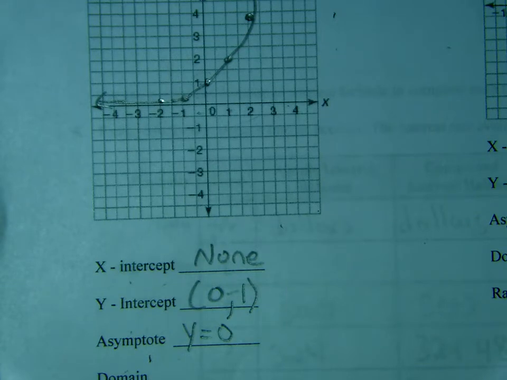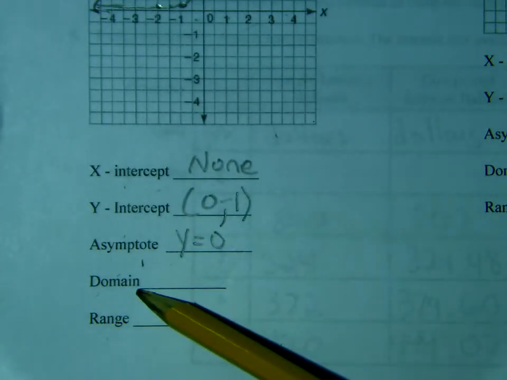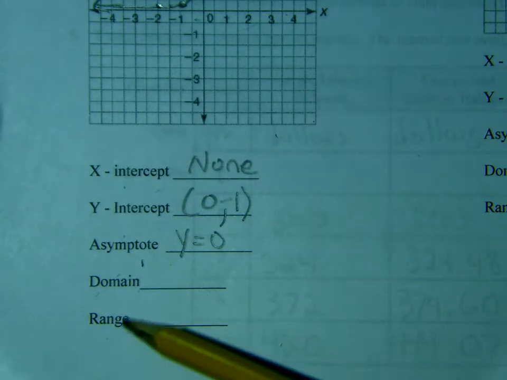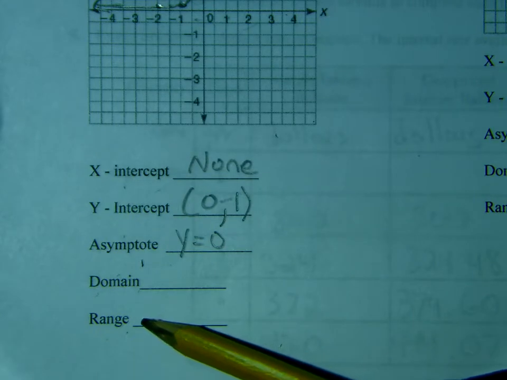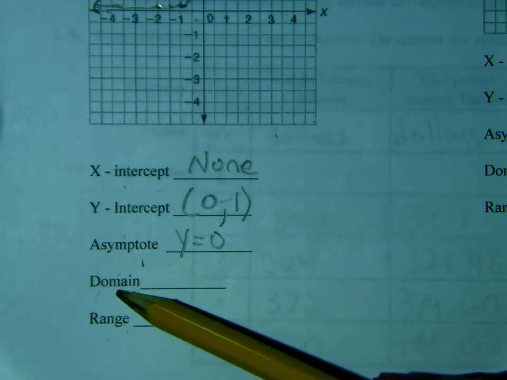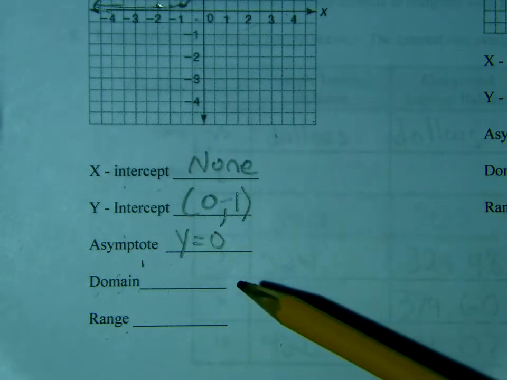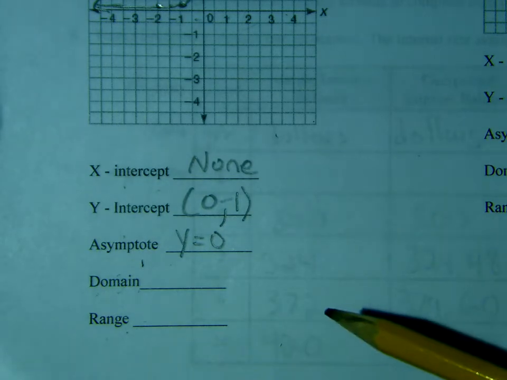Okay, now we just got two more parts we need to name here. One is domain, and the other is range. And those could be kind of hard to remember what goes with what. Domain is going to talk about all the x values and how far the x values reach. Range is going to talk about all the y values.